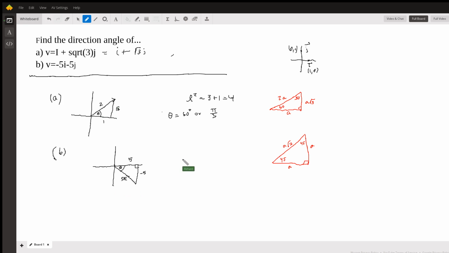So you can see right away that the reference angle here is 45 degrees, which is pi over 4. So theta, if we were doing this in degrees, it would be 360 minus 45.